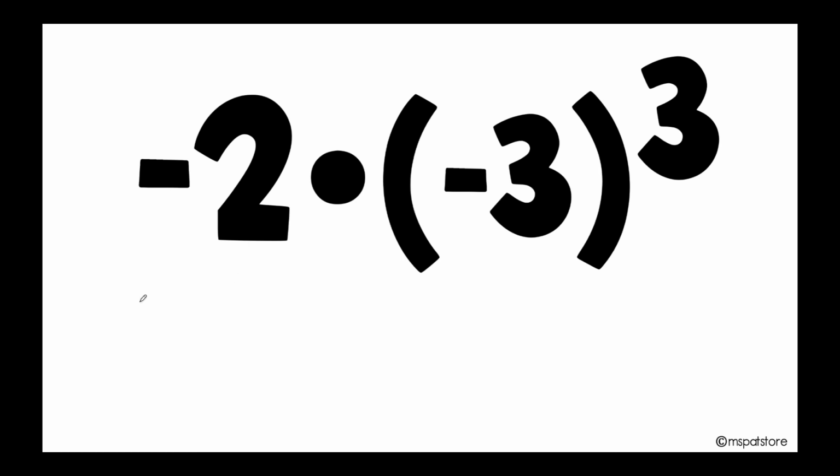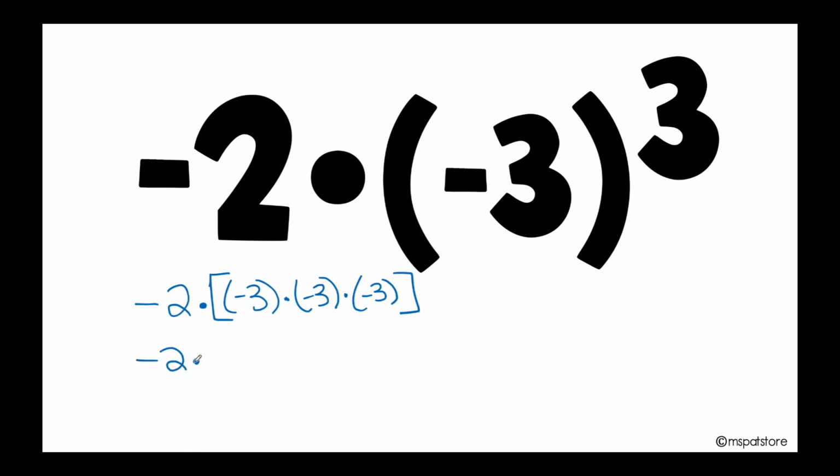All right, so let's do negative 2 times. I'm going to put the brackets here, okay? And I'm going to do negative 3 times negative 3 times negative 3. As you can see, I am repeating the base 3 times because the exponent is 3, okay? So let me bring this down that I haven't used yet, and I'm going to do negative 3 times negative 3 is positive 9 because when I'm multiplying integers with the same sign, my answer will be positive.